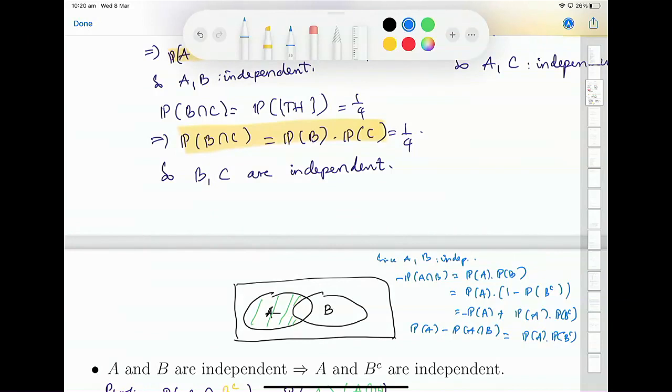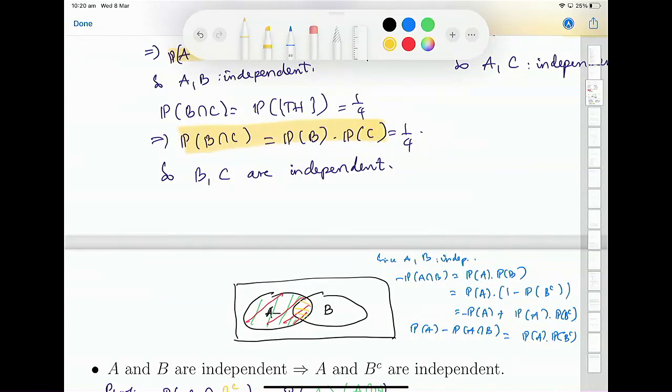Okay, so this is A, and minus probability of A intersect B, which is the yellow one. Then it is the probability of the green area, right?